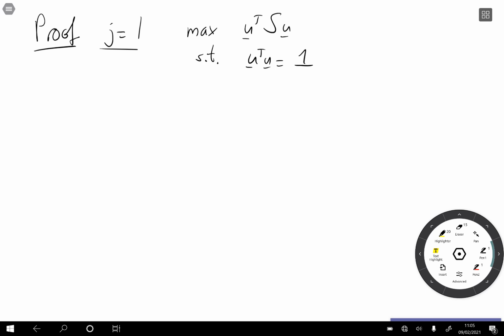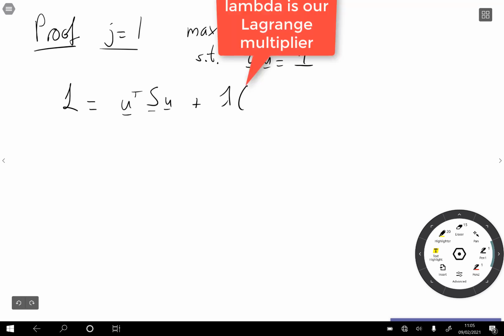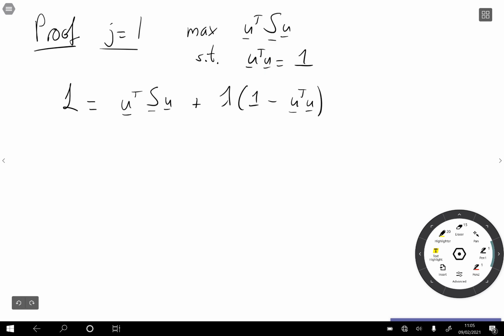So the method of Lagrange multipliers, hopefully you've all seen this before, is we set up our objective, so I'm going to call that L, which is the thing we really want to optimize, u transposed S u here, plus lambda times our constraint. So our constraint here is 1 minus u transpose u. Okay, so lambda is just a general variable here.